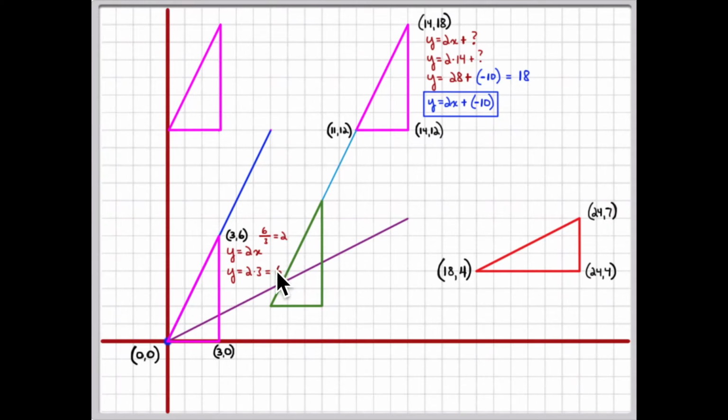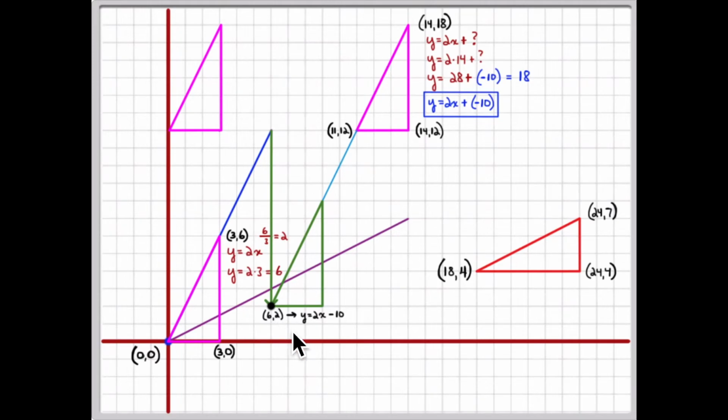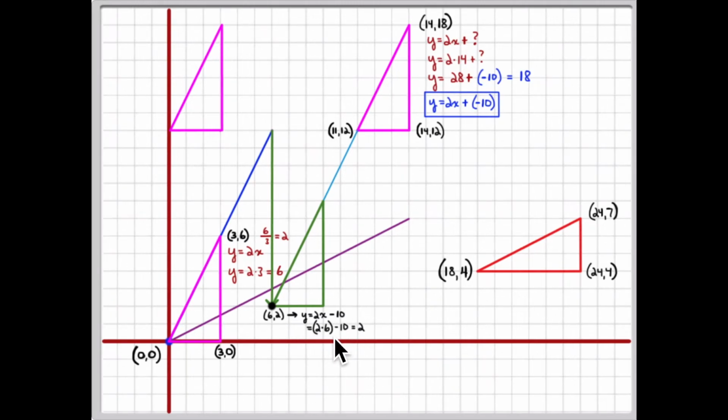So if you figure out this point, this is x equals 6, 2 times 6 is 12, minus 10 is 2. So y is equal to 2x minus 10. 2 times 6 is 12, minus 10 is 2.